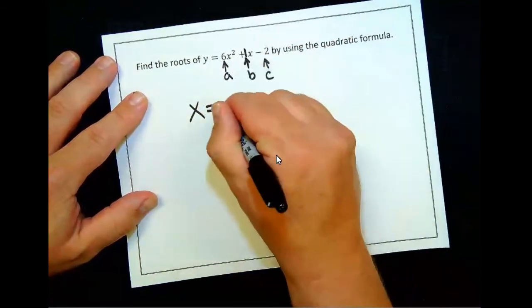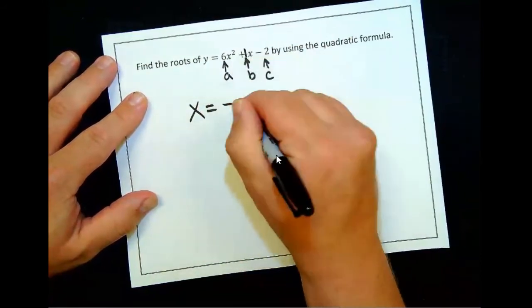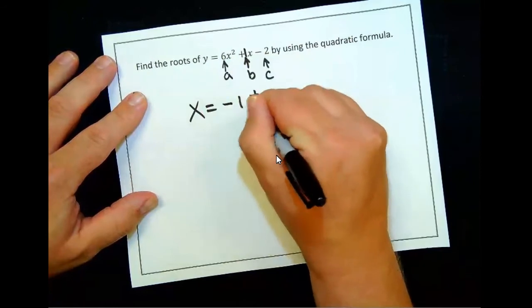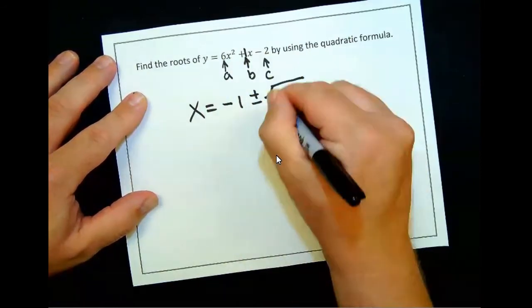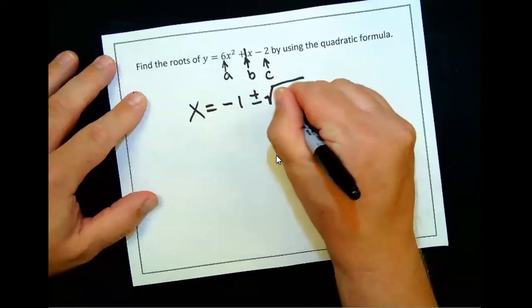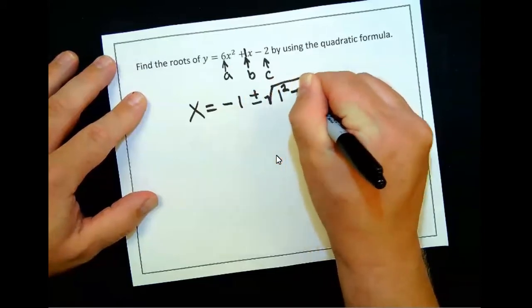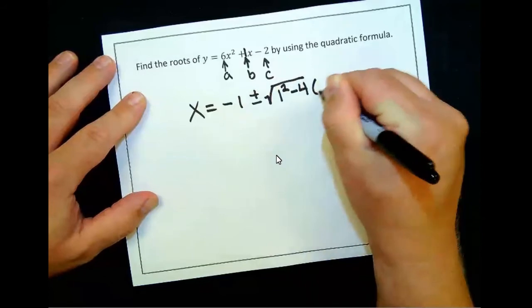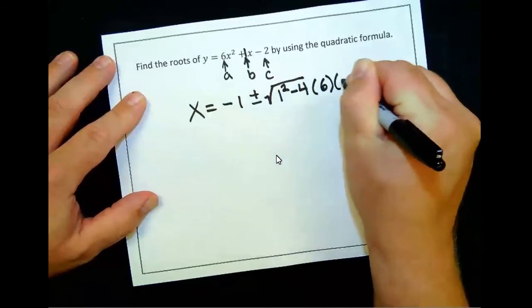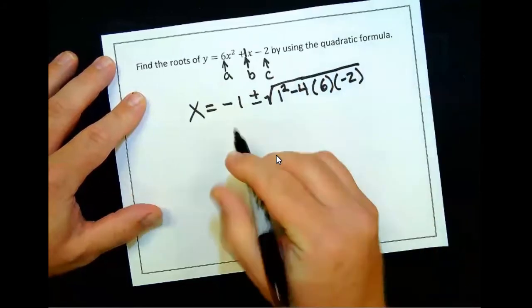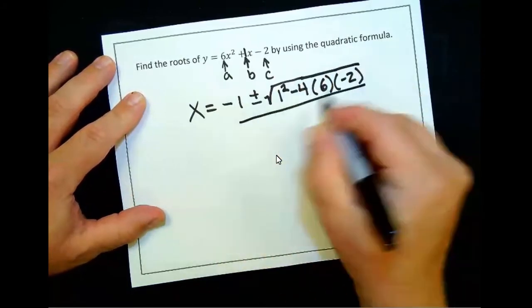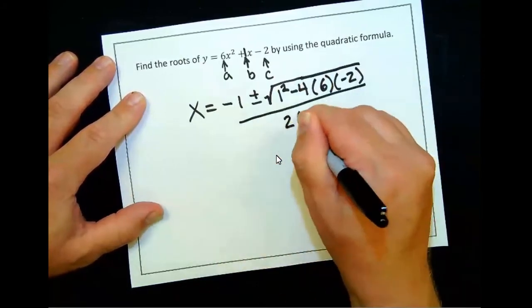So I need negative b, so b is 1, plus or minus the square root of b squared minus 4 times a times c, all over 2a.